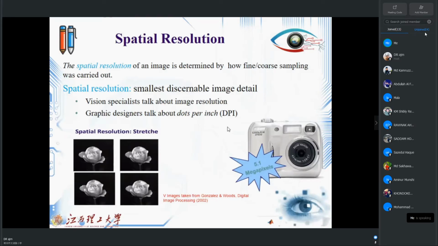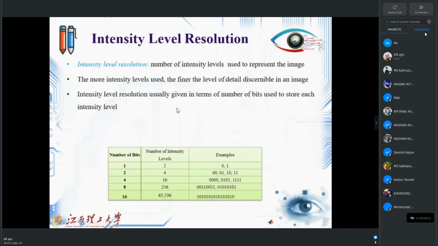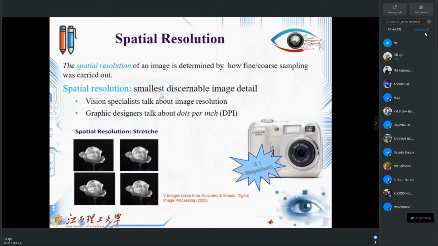Then there is one concept that all of you may have heard, DPI, or dots per inch, which graphic designers most of the time speak about. See, I bring one image here for you as the spatial resolution. You see the flower at the first and the flower at the end, and you will see the different resolution, or different DPI, in this figure.